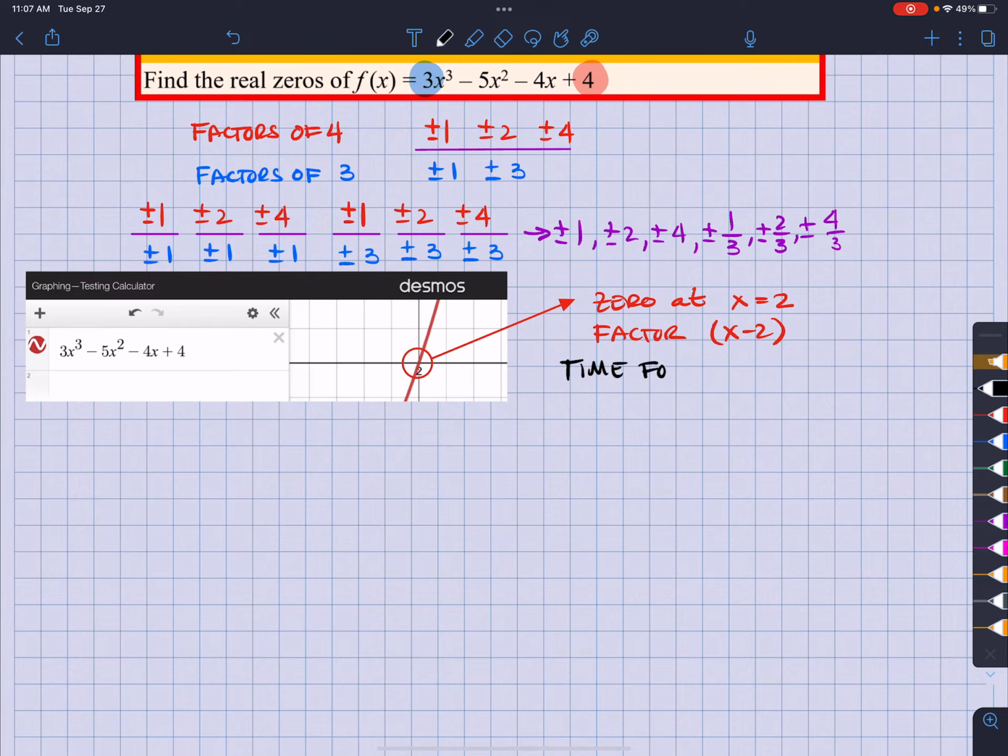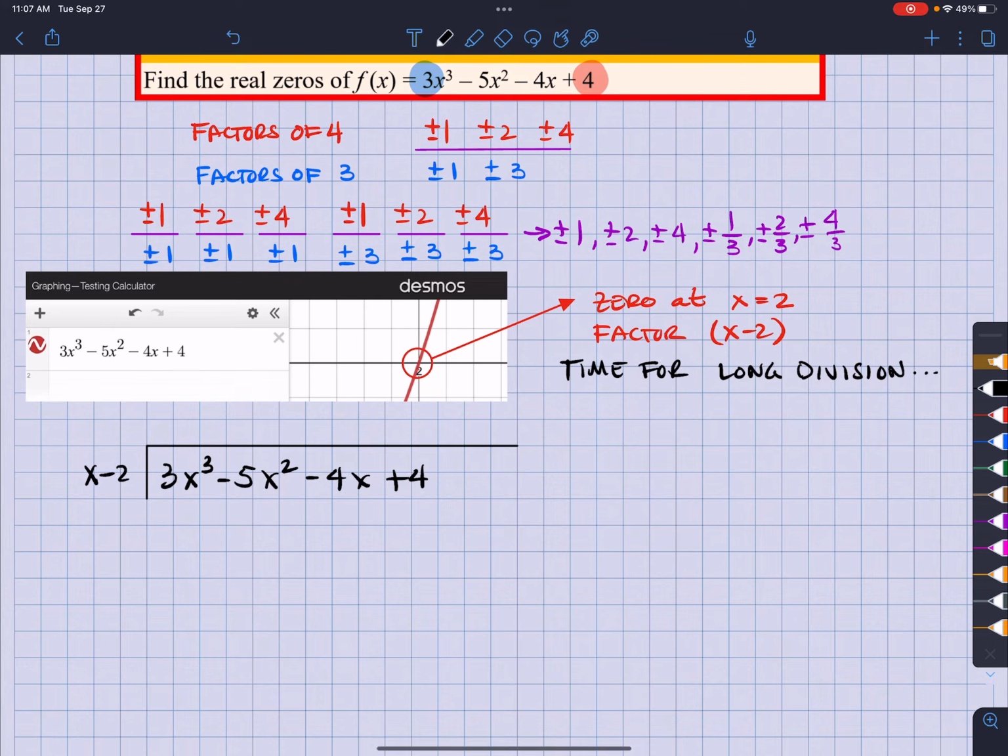Time for long division. So I got my x minus 2, and I have 3x to the third minus 5x squared minus 4x plus 4. How many times does x go into 3x to the third? That would be 3x squared times.